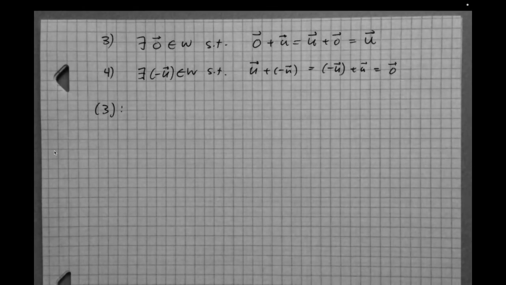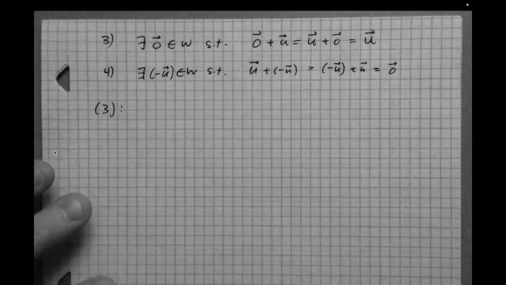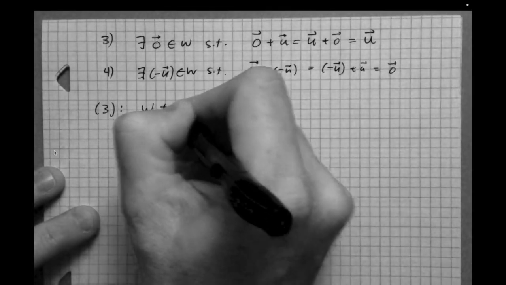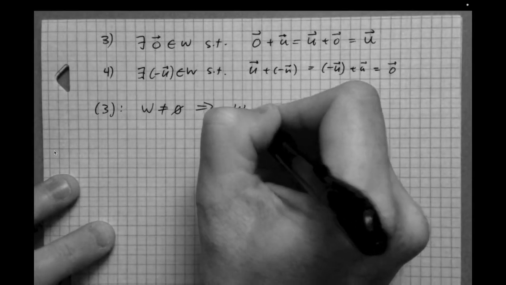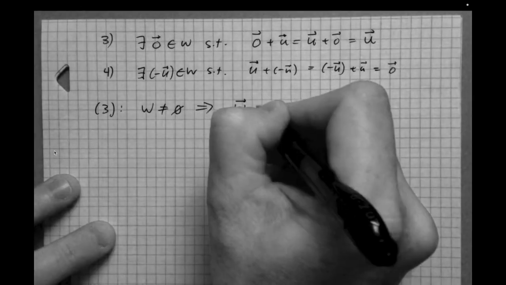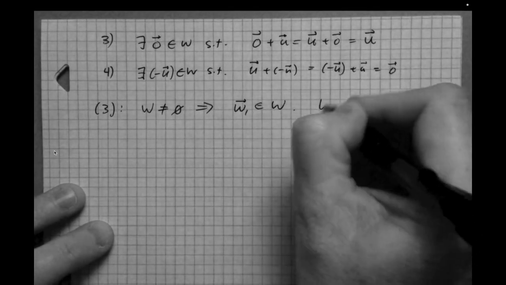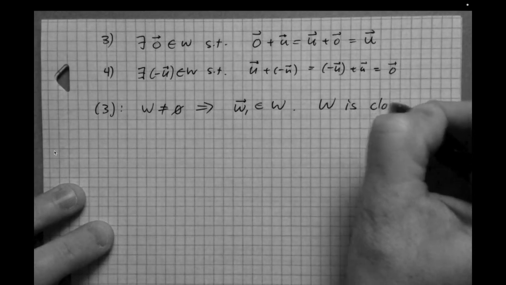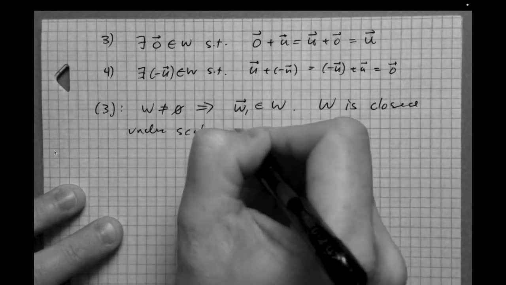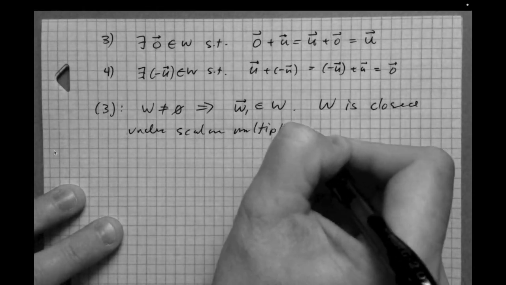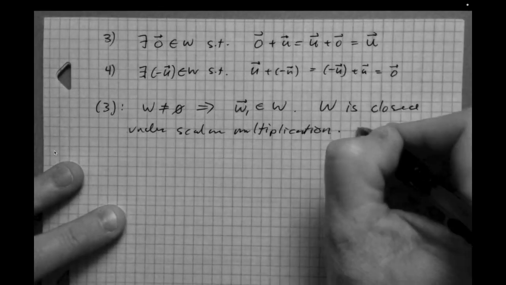Well, so for 3, remember we're trying to show that the 0 vector is in W. So if W is non-empty, W is not equal to the empty set, then there's some vector w1 inside of W. Now remember, W is closed under scalar multiplication.